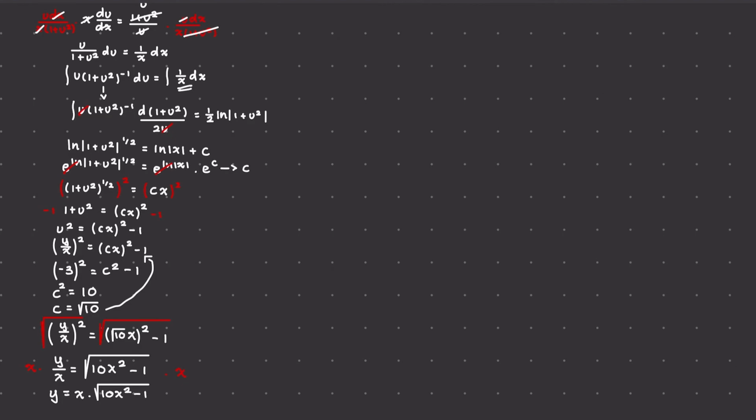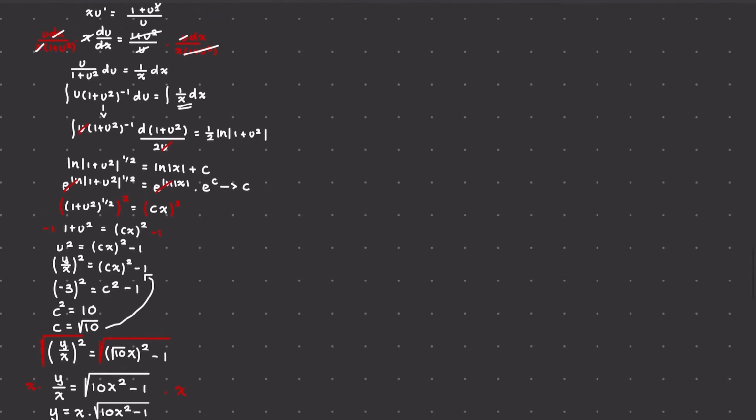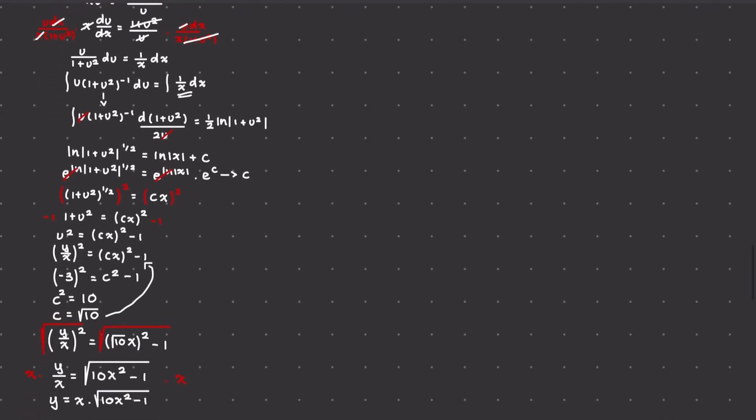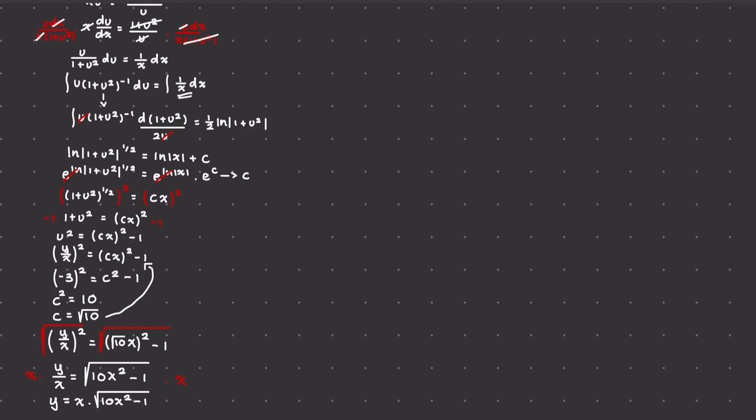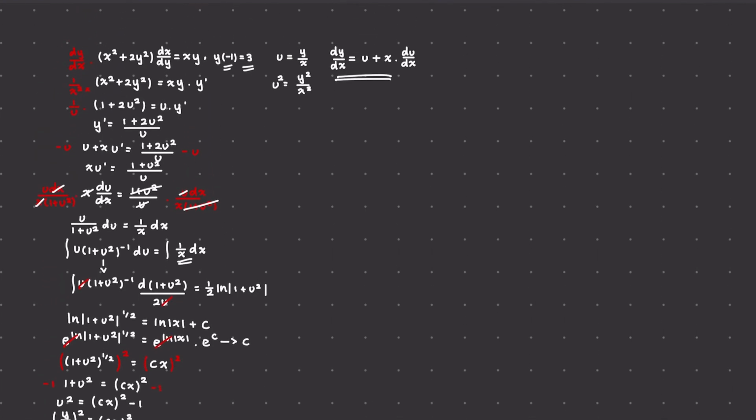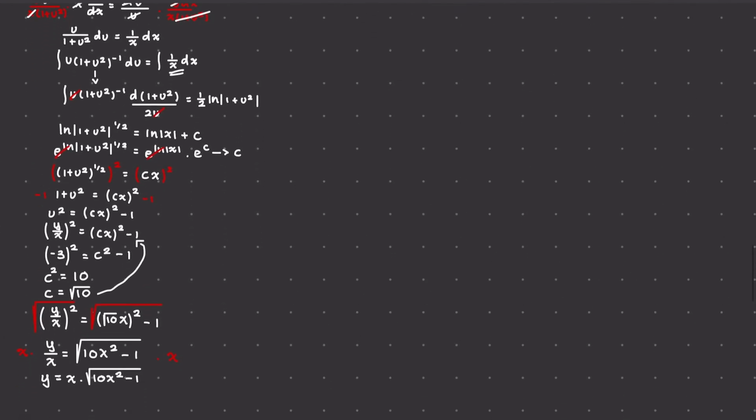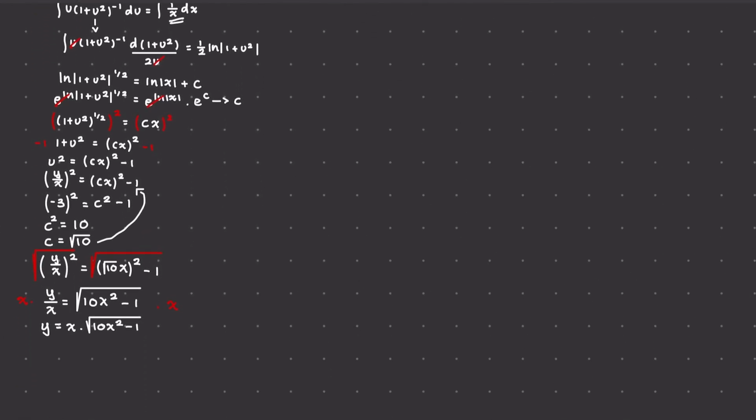But wait, this is not the final answer yet. Remember to check the initial value condition, since this is in a form of square root where it is plus or minus. And since our x value here is negative, our final answer as an explicit answer will be y equals negative x times the square root of 10x squared minus 1.